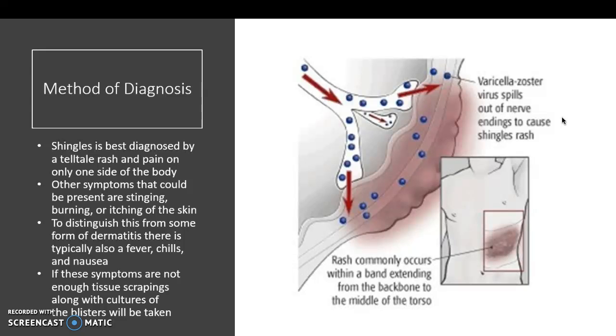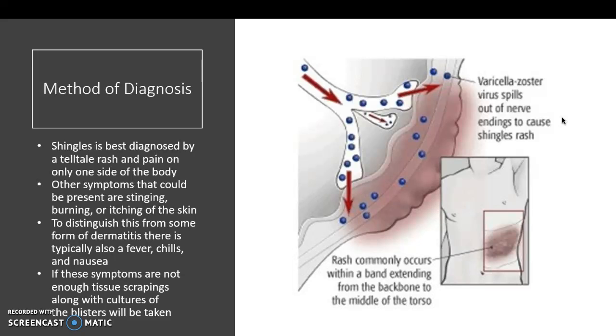Okay, this is Courtney Monde, and I'm doing the diagnosis and treatment of shingles. Shingles is best diagnosed by a rash and pain on only one side of the person's body. These symptoms can be present along with a stinging, burning, or itching sensation of the skin. To distinguish this from any other form of dermatitis, there is typically also a fever, chills, and nausea.